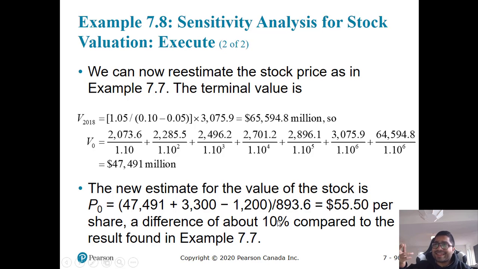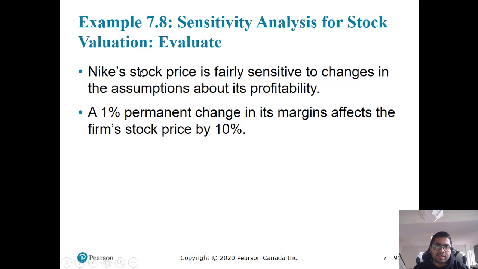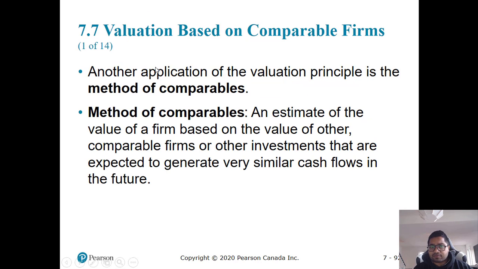If you just increase the profit margin by 1%, the share price can jump by 10%. The value that you calculate jumps by 10%. So this model is extremely sensitive. Nike stock is fairly sensitive to changes in assumptions about its profitability. A 1% permanent change in margin affects the firm's share price by 10%.